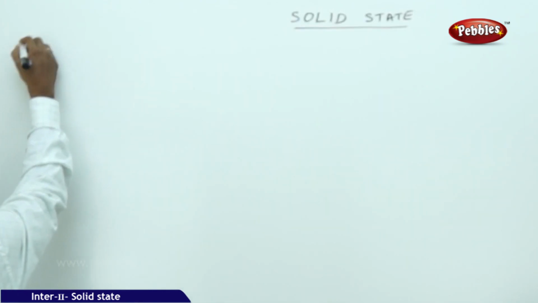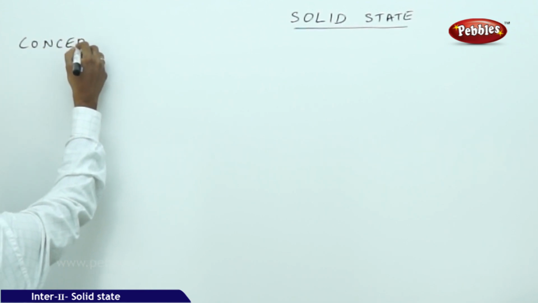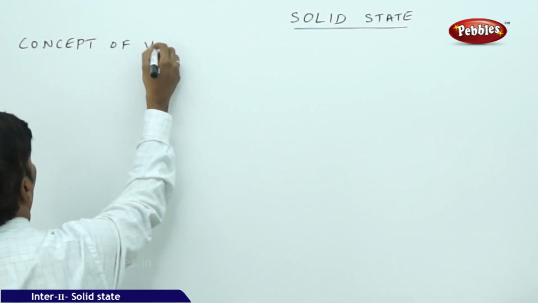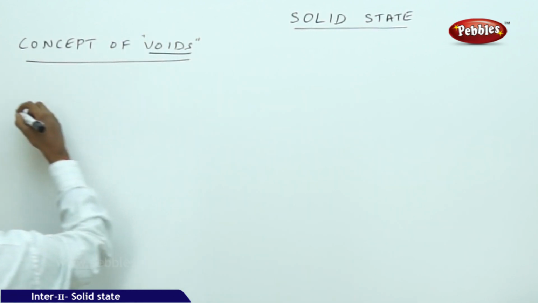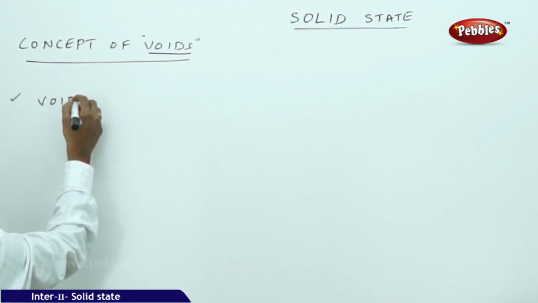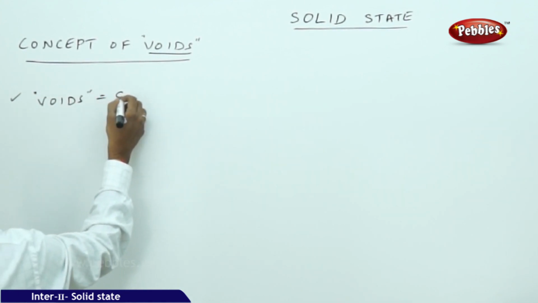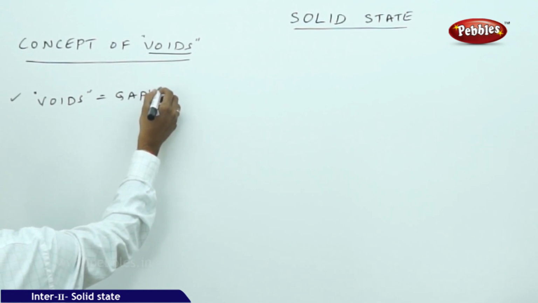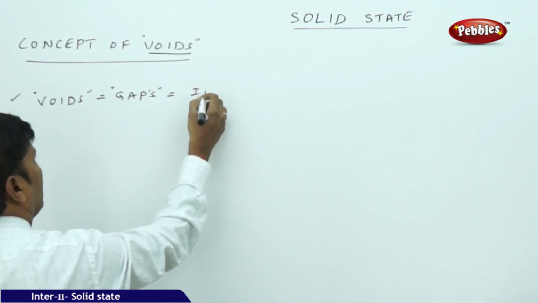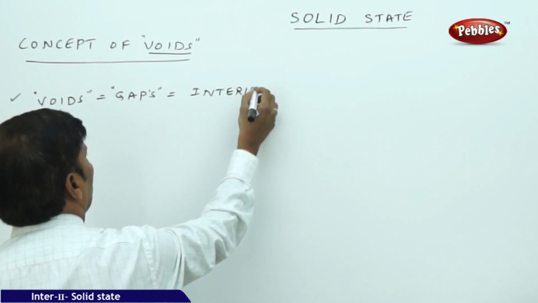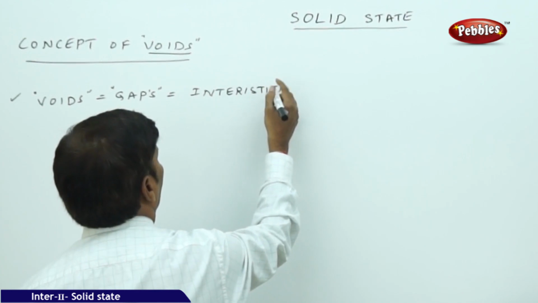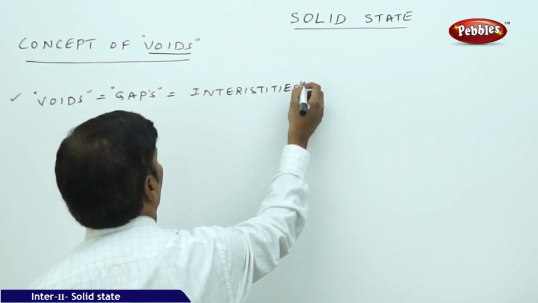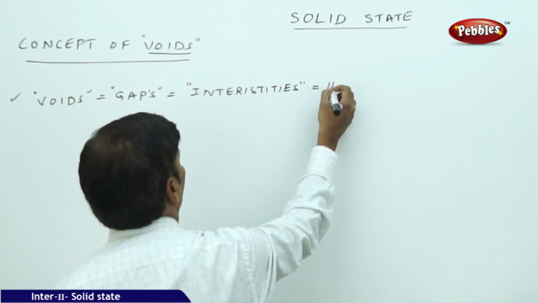So the next part of the discussion here is the concept of voids. Voids are also called gaps, also called interstices, or simply holes.